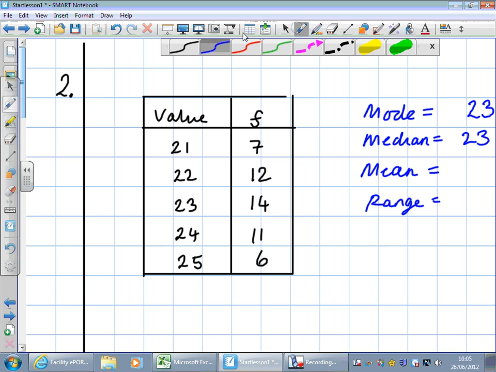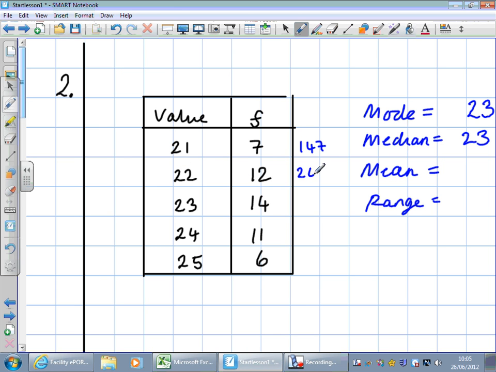So what do we get? 7 times 21, 147. 12 times 22, 10 times 22 is 220, 2 times 22 is 44, so it's 264. 14 times 23, 10 times 23 is 230, 4 times 23 is 92, 230 add 92 is 322. 11 times 24, 10 times 24 is 240, add 24, 264.